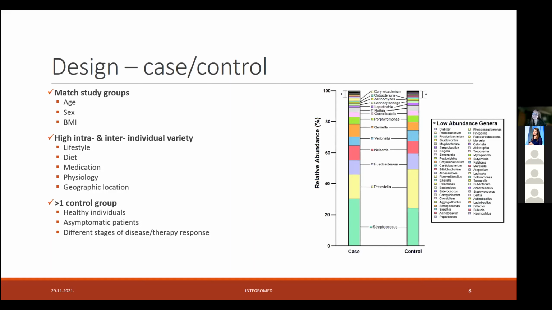So that could also be some interesting control. And maybe we could compare some different stages of disease or the therapy response or whatever we are looking at. So I think this is also a valuable and practical suggestion, of course, if it's possible to implement, taking into account financial and other aspects of the study.